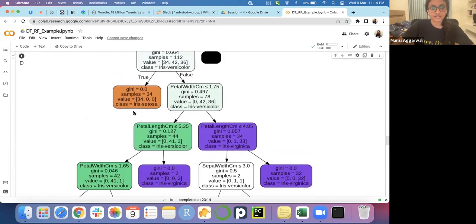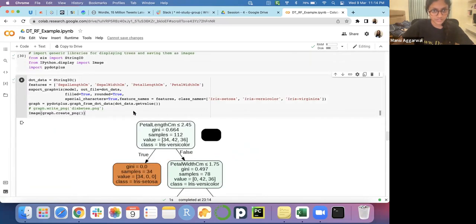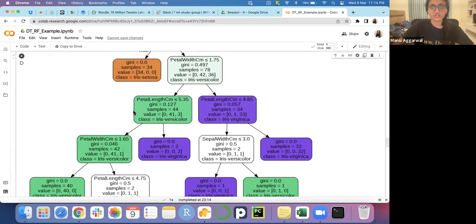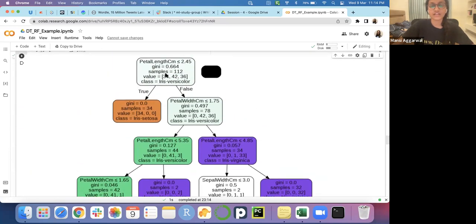Yes, it has now rendered the decision tree for this particular model. I think Sneha and Shruthi have explained how this works. For petal width in centimeters less than or equal to 0.25, the Gini impurity value is this, samples is 112, and class is iris versicolor, either true or false.